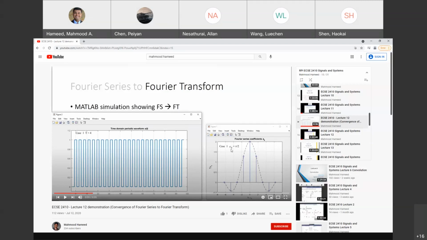On the y-axis, I am evaluating T times a_k, the Fourier series coefficients a_k multiplied by the time period T. And on the x-axis, instead of looking at 1k, 2k, 3k, I'm looking at k omega naught: 1 omega naught, 2 omega naught, 3 omega naught, and so on.